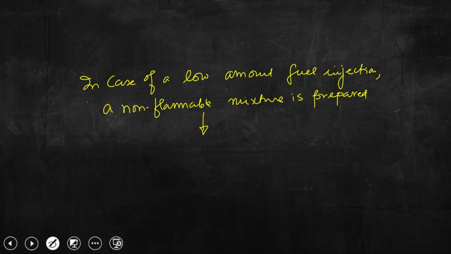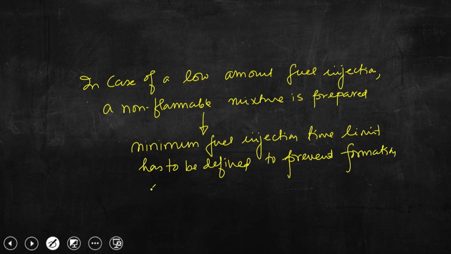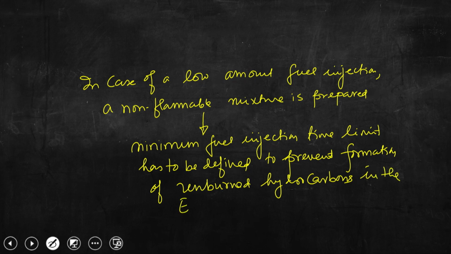So, therefore, a minimum fuel injection limit or time limit has to be defined to prevent formation of unbound hydrocarbons in the exhaust gases. Okay. So, why?